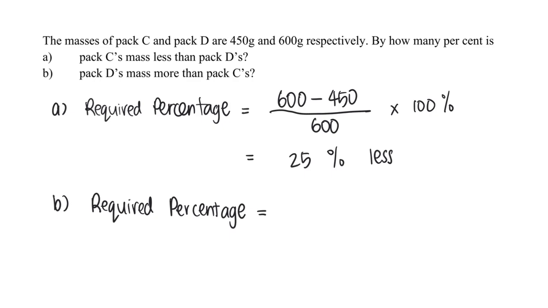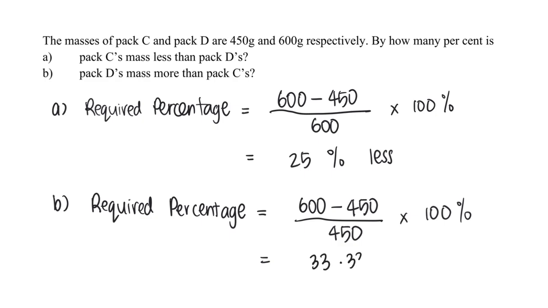Pack D mass is more than that of pack C. Again, I know it's 150, but since you are comparing with pack C, I would then have to divide by pack C before I find the percentage, and this will give me 33.333 to 5 significant figures.